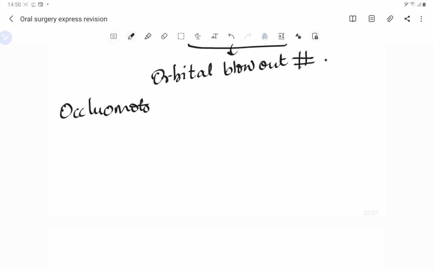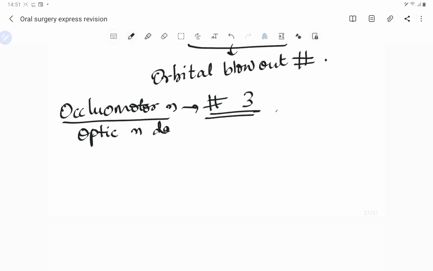In case there is a fracture of the cribriform plate, one second, first let us cover the oculomotor nerve. In case there is a Lefort fracture, say Lefort-3, there is compression of the nerve. Fracture of the bone surrounding the optic foramen can compress the optic nerve, and there can also be compression of the oculomotor nerve, so the optic nerve can also be damaged in case of a Lefort-3 fracture.